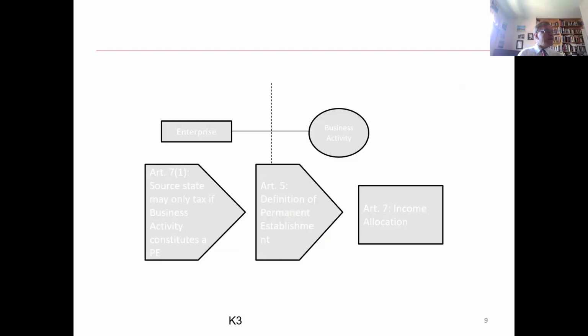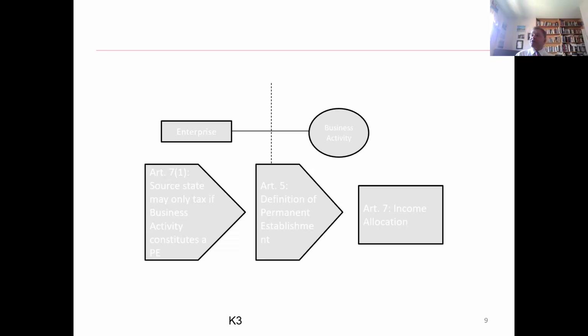So the way this works on the taxation of business income is you have an enterprise, and Article 7.1 of the Model Treaty says the source state may only tax if the business activity constitutes a permanent establishment. You then go to Article 5 of the Model Treaty.